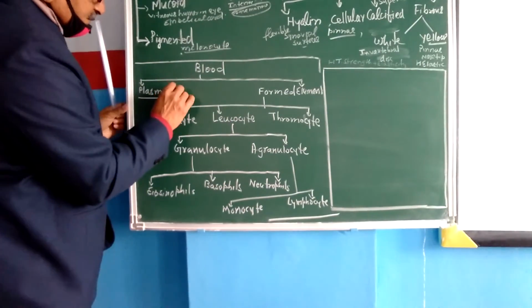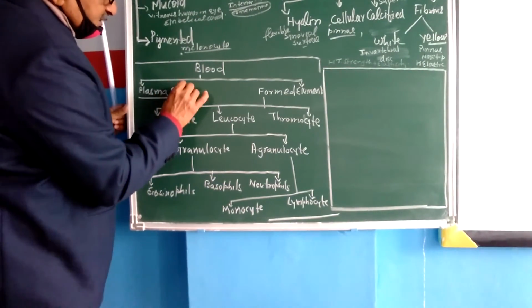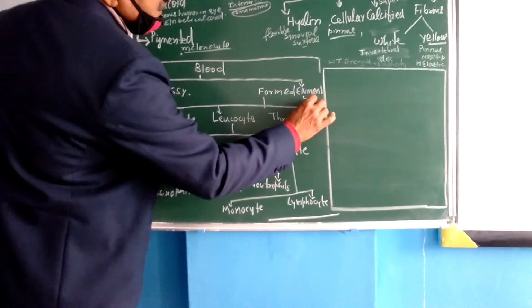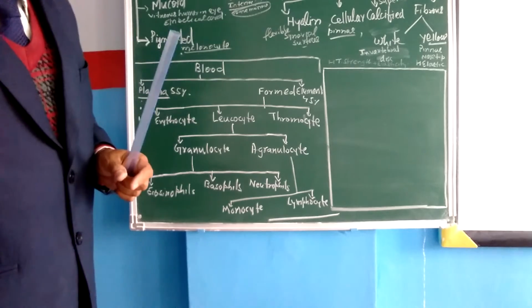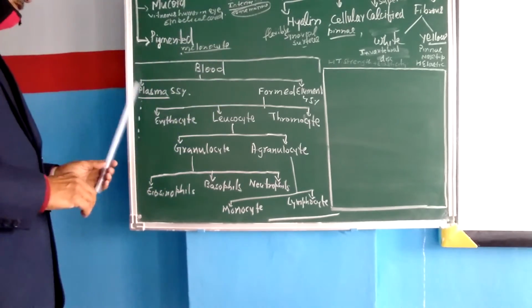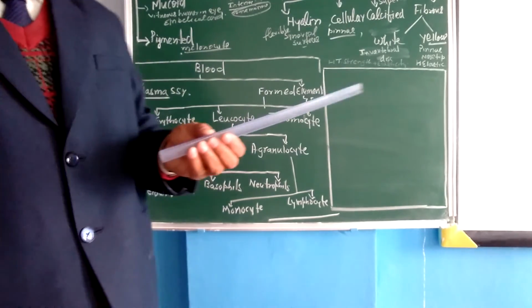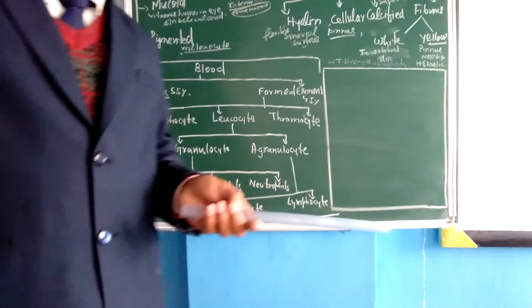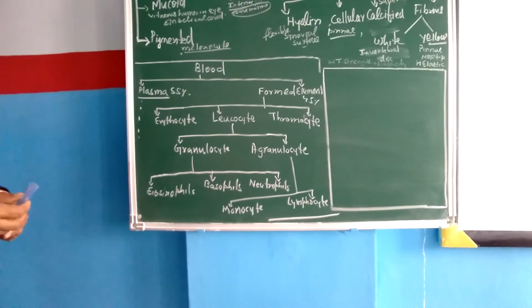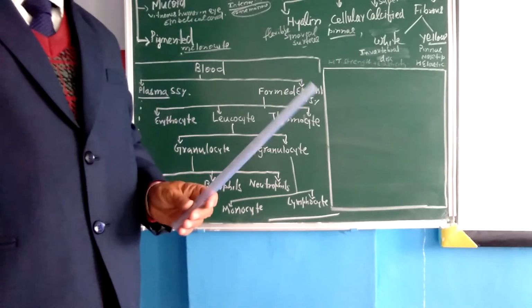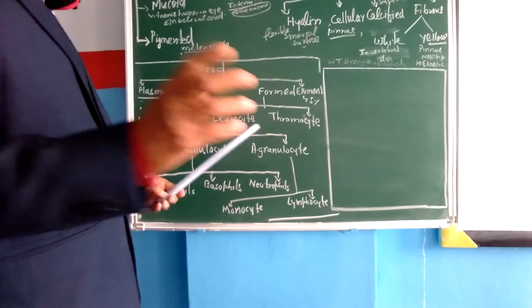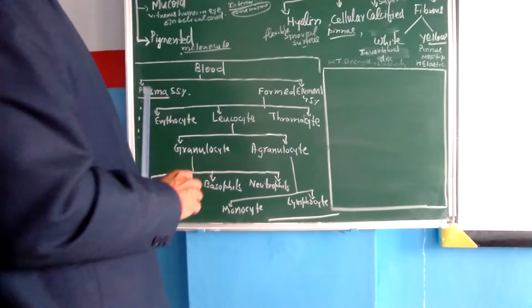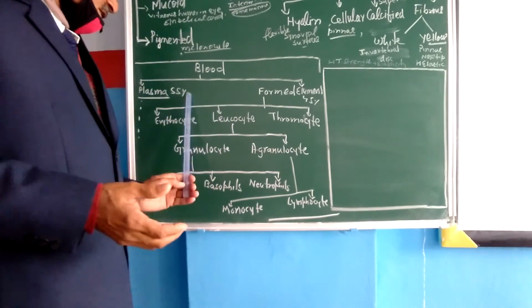So plasma is about 55% and formed elements are 45%. Later on we'll discuss the composition of plasma, especially the proteins, hormones, inorganics, all the different things present in the plasma. And water is the main component of plasma, that is 90 to 92%. 8% is other materials.